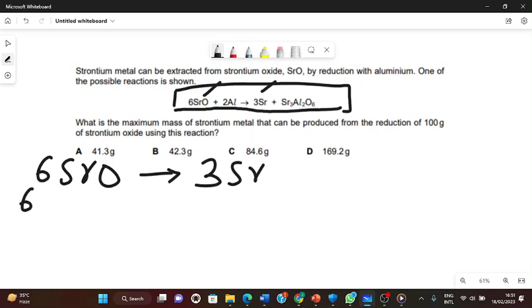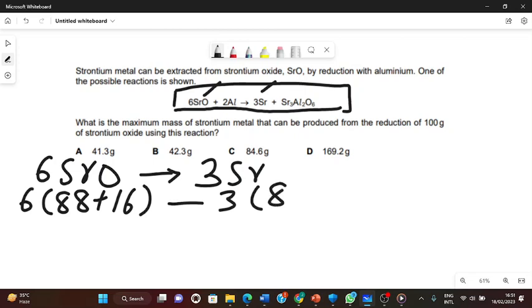So it will be 6 brackets, 88 plus 16, which is the relative atomic mass of oxygen, reacts to give 3 brackets, 88, the relative atomic mass of strontium.